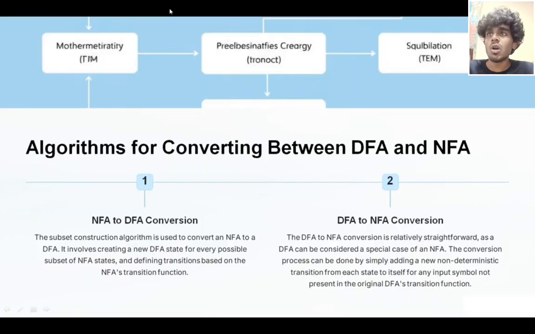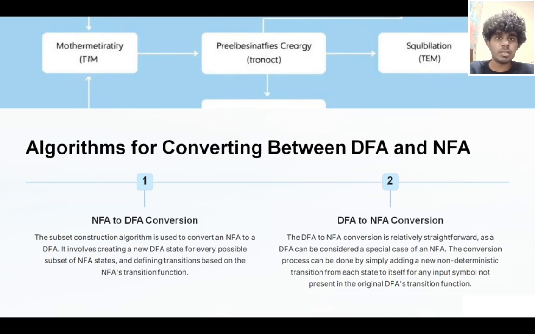So next we move on to algorithms for converting between DFA and NFA. NFA to DFA conversion: the subset construction algorithm is used to convert an NFA to a DFA. It involves creating a new DFA state for every possible subset of NFA states and defining transitions based on the NFA's transition function.